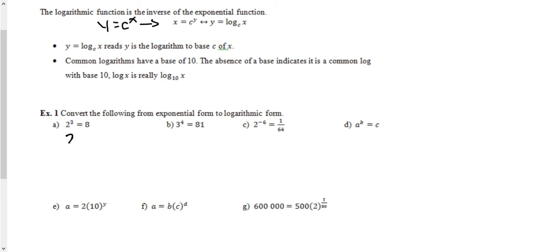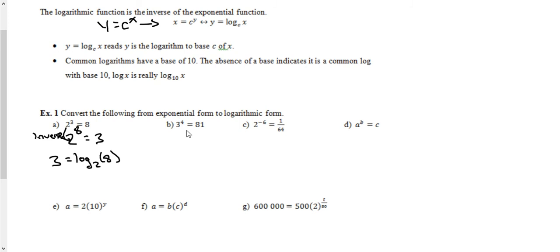So I have 2 to the exponent 8 equals 3, which doesn't really work out. So the way that we're going to write that is now 3, because that's my y value, 3 equals log base 2 of 8. And there we go. That makes it a bit more sense. So here the first step is to inverse and then rewrite.